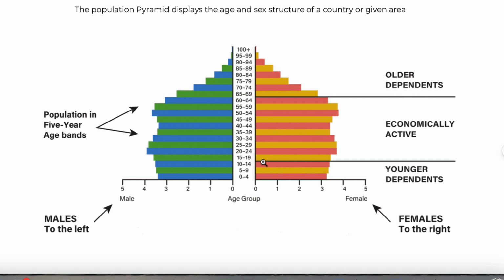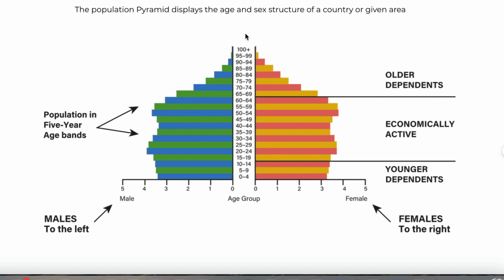Age 15 up until 65 is considered the economically active workers. So if you have a really high base on the very bottom here, that's going to be a lot of young children. However big the middle section of a pyramid is, that's your workers, your economically active people.